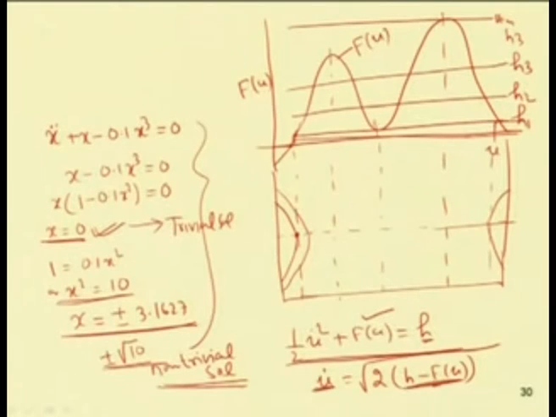Here also up to this point, the system will have a response like this. At this position the velocity is 0, u dot equal to 0, but at any other point, as Fu is less than H2, it will have two values of u dot.